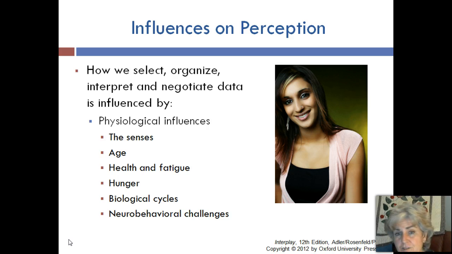Age. Certainly, as you've aged, you probably feel like your perception of time has changed dramatically from maybe 10 years ago. Health and fatigue. Sometimes you're very tired, you've been up late, it's getting close to finals, it's that point in the semester, and you're just exhausted, and the littlest things begin to irritate you. Hunger. Have you ever gone shopping at the grocery store on an empty stomach?